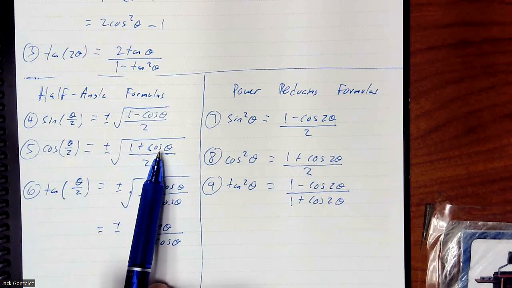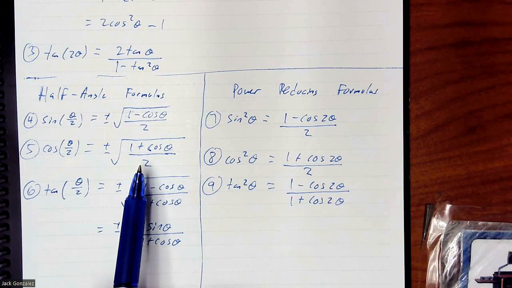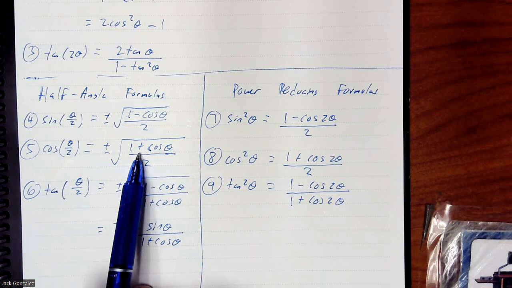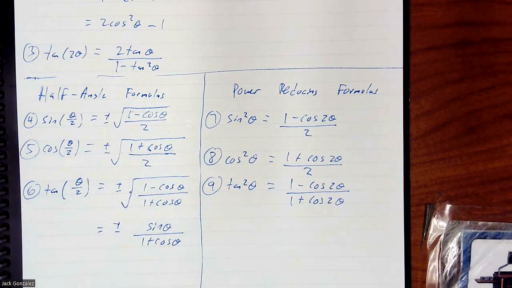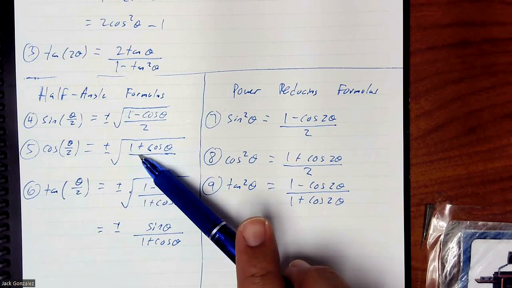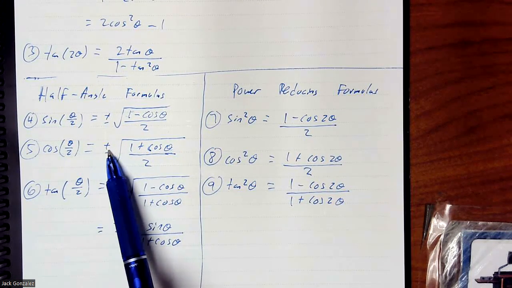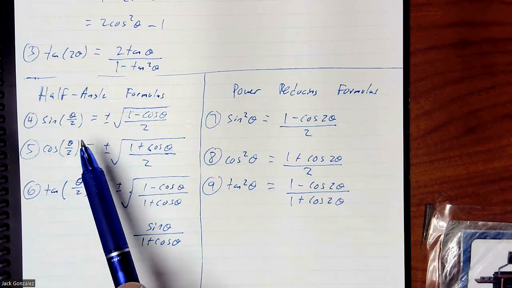What's cosine of 120? It'll be 1 plus that negative value, right? So it'd be 1 plus a negative half right there. But over here you would choose the plus if theta is 120.